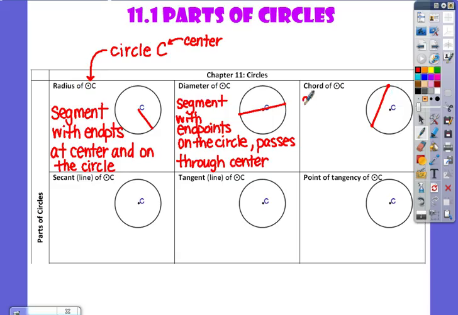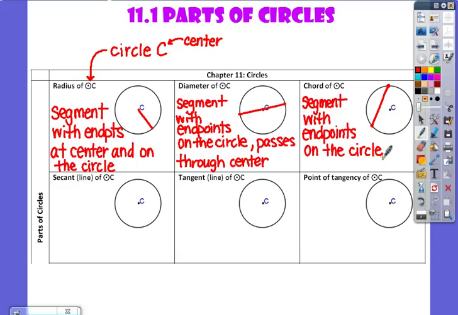So a chord, again, is a segment with endpoints on the circle. Alright, so there's all of our segments.